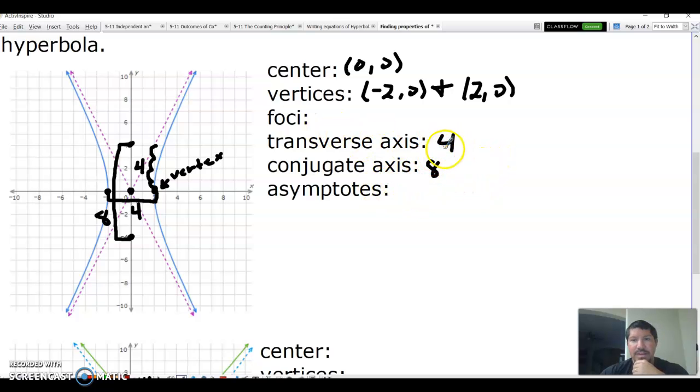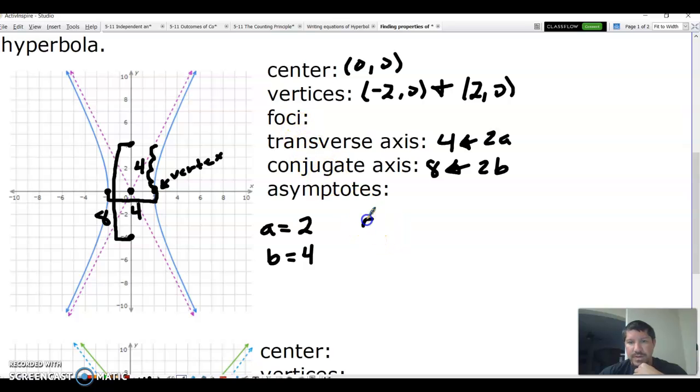So now that we have both of these, we can find our foci. Remember, this is 2a and this is 2b. So that means that a is equal to 2 and b is equal to 4.